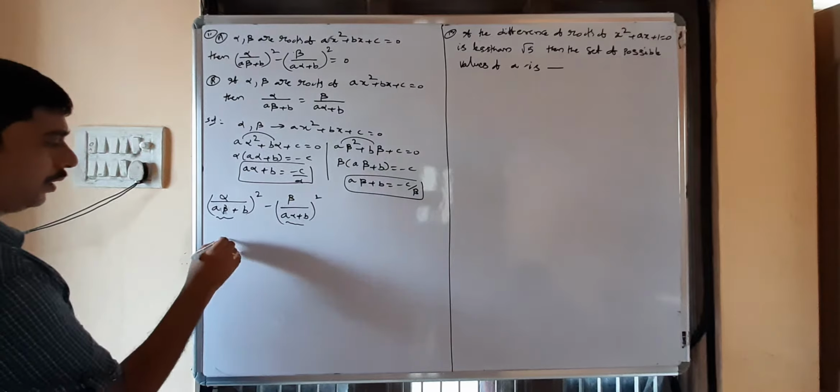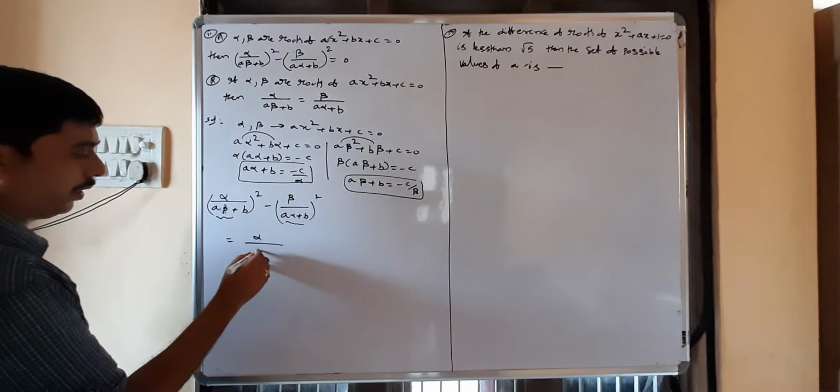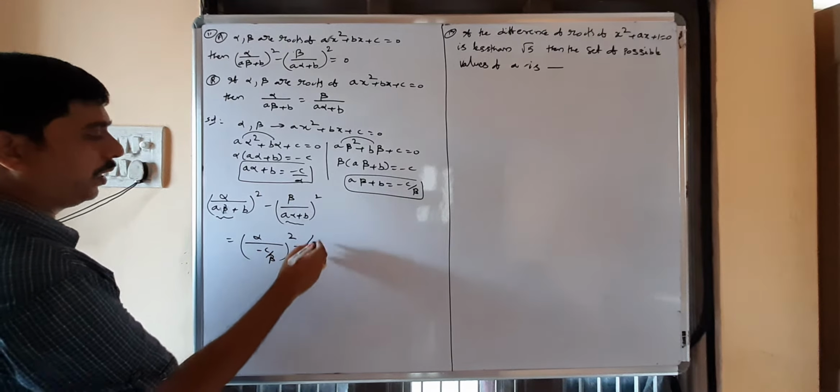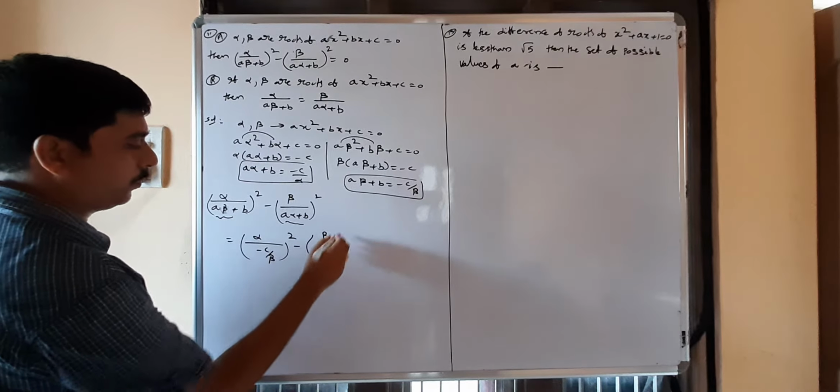Substitute the values. Alpha by (a beta plus b, which is minus c by beta) whole square minus beta by (a alpha plus b, which is minus c by alpha) whole square.